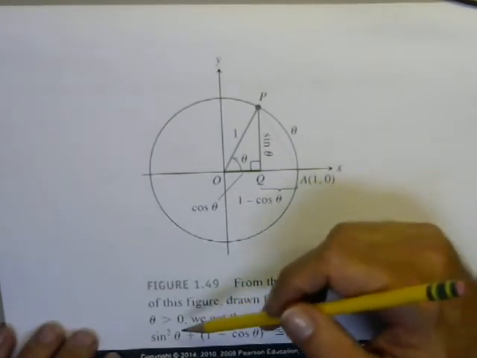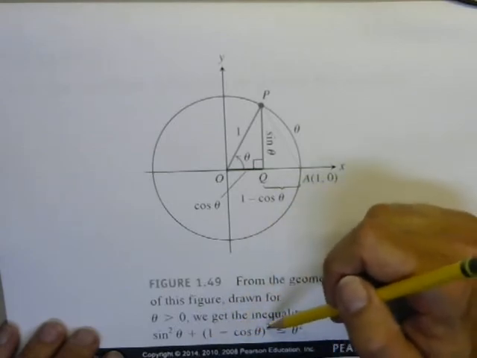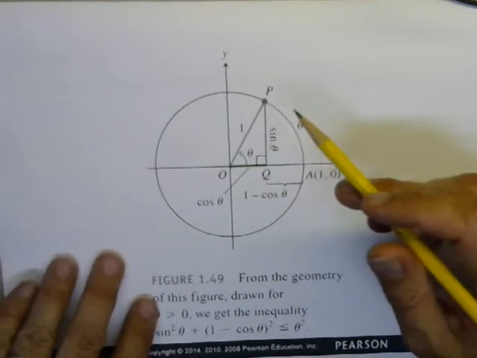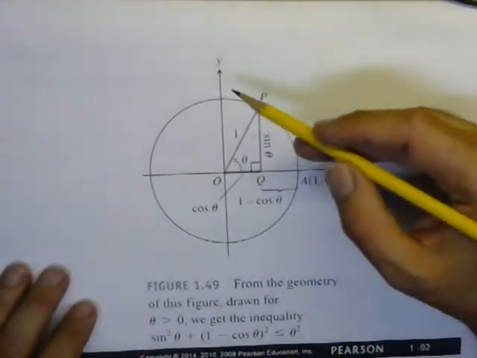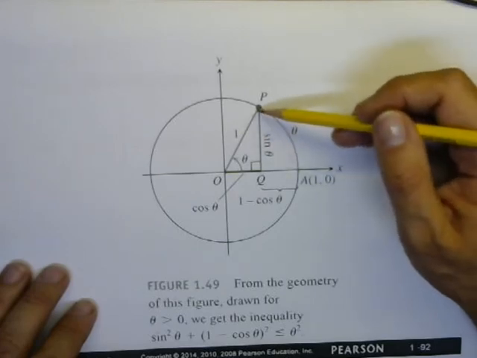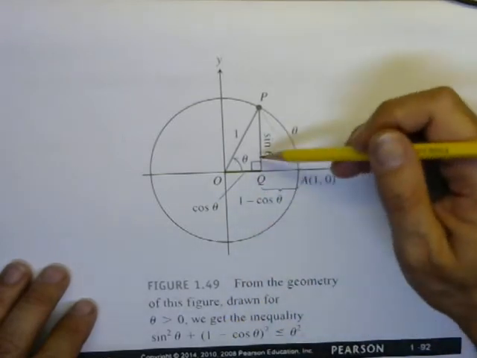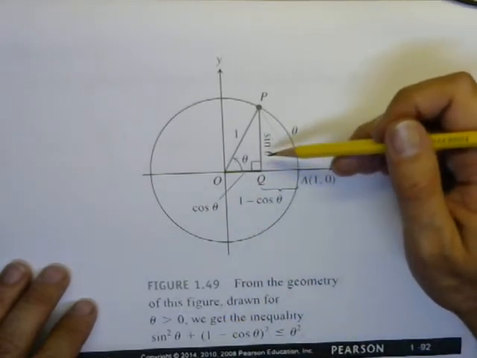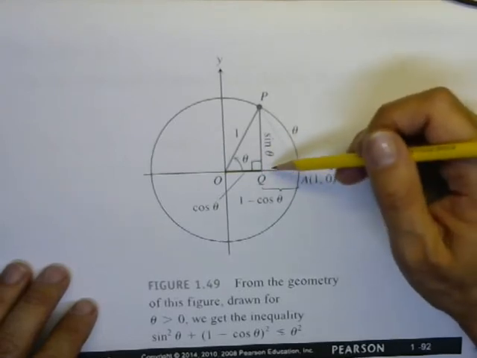You can also derive another identity here, which is that sine squared theta plus 1 minus cosine theta squared is less than or equal to theta squared. So I guess, basically if you take the sine, this distance here, and square it, and then take 1 minus cosine theta squared, which is given by this, right?